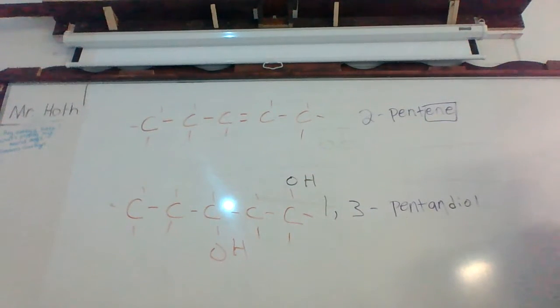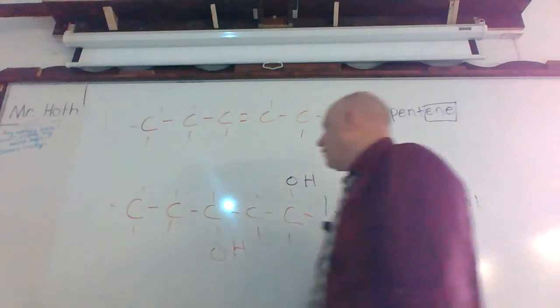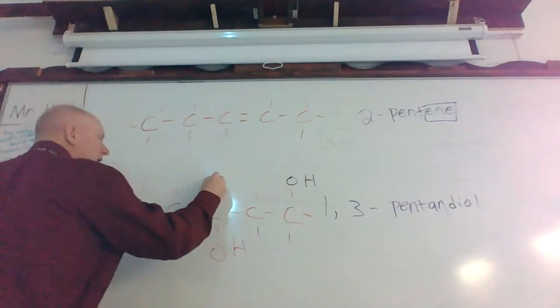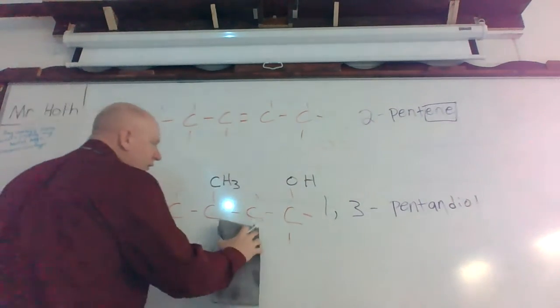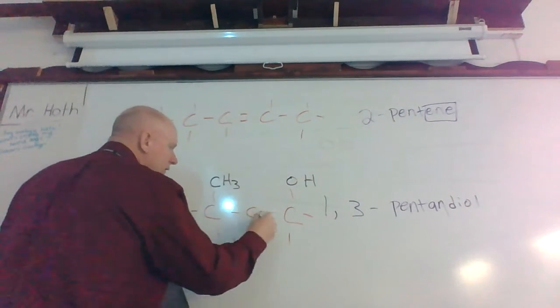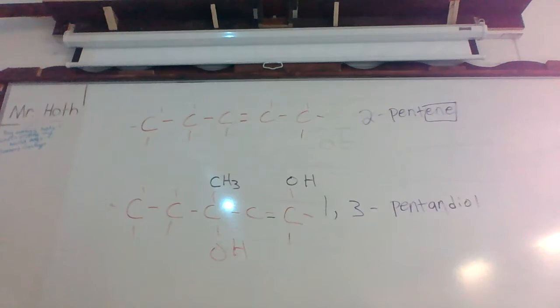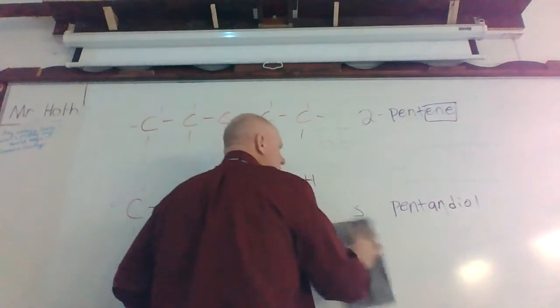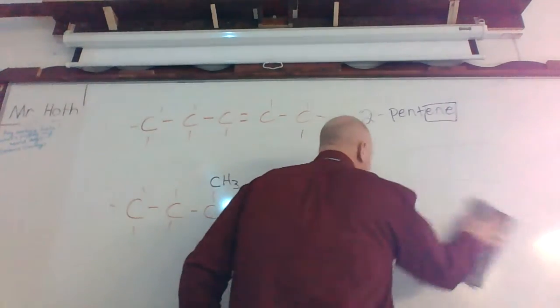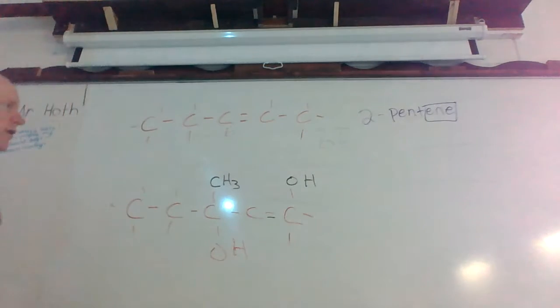Now, what happens is, well, you could very well have something like this. I'm thinking this is something similar that we wrote down. And if we take this guy and this guy out and do that, now I've totally changed a lot of things in that compound. Okay, the parent chain is still the same, so we're going to erase all of this because we're going to go ahead and start over.